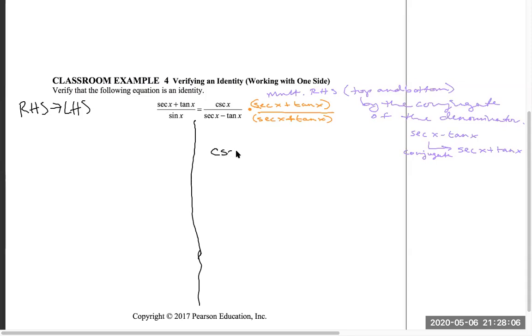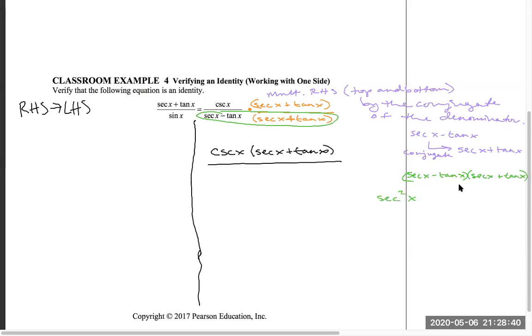So we have cosecant x times secant x plus tangent x, all divided by, now for this bit, secant x minus tangent x multiplied by its conjugate. We can do that off to the side. So first term is secant squared x. The middle terms will cancel, but we'll write them anyway.